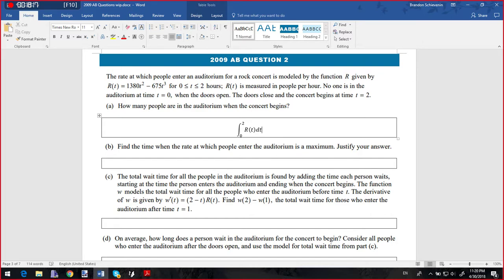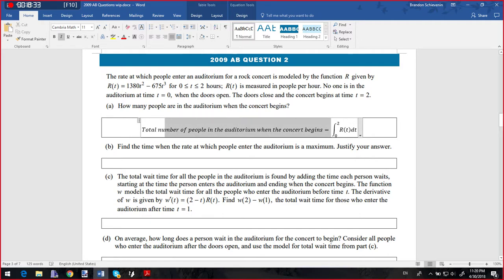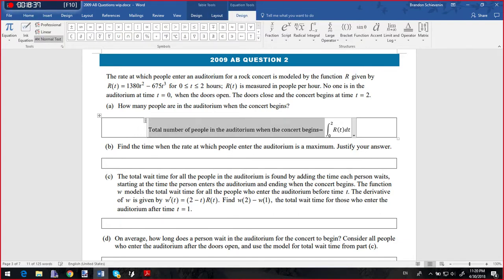This is the total number of people in the auditorium when the concert begins. Again, we are in a with-calculator section, so I can just plug this in and integrate. Let's go ahead and do that really quick.